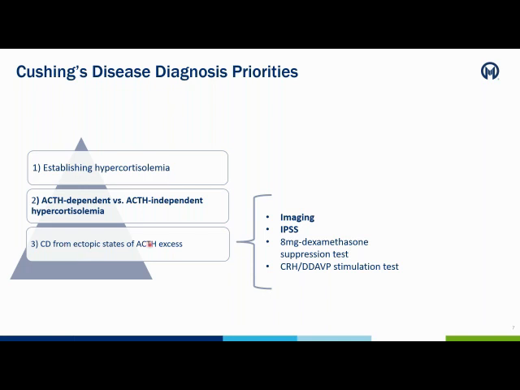This is where the role of imaging and inferior petrosal sinus sampling comes in, because we need to try to differentiate whether that source of ACTH is coming from the pituitary gland or from an ectopic source in other parts of the body.